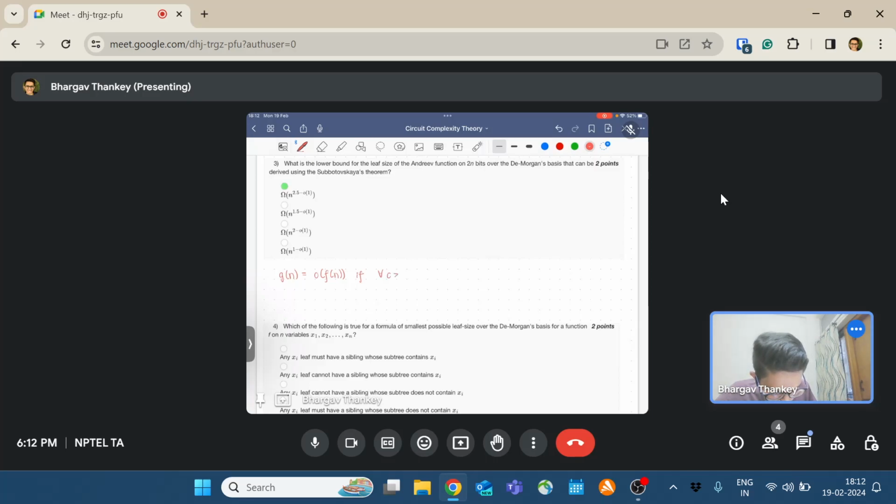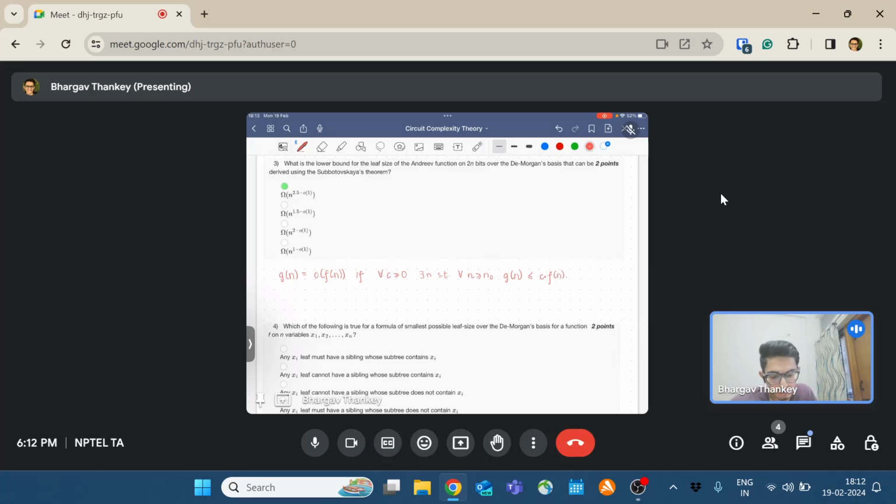It means it is strictly less than some constant. Does it mean that? Yeah, strictly less than every constant. So g(n) is small o of f(n) if for all c greater than 0, there exists n0 such that for all n greater than or equal to n0, g of n is less than or equal to c times f of n.